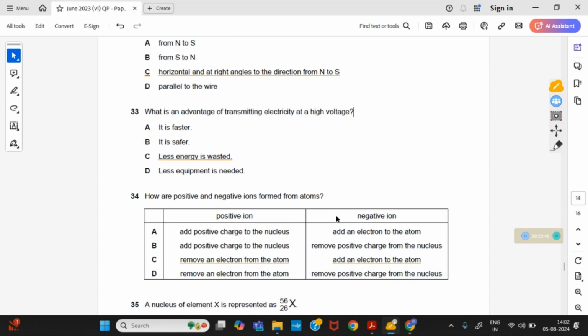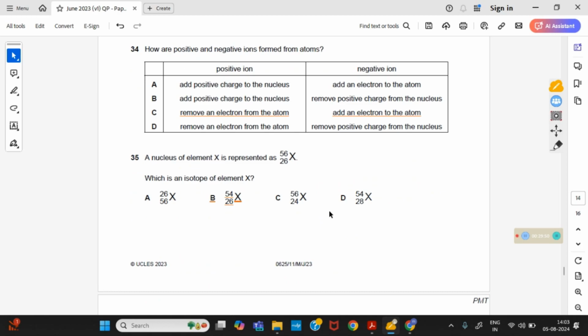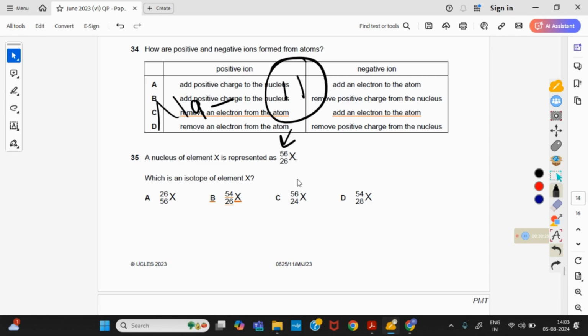How are positive and negative ions formed from atoms? Positive ions: remove an electron from the atom, and you get a positive ion. A negative ion: add an electron to the atom. Take sodium: its atomic number is 11, so its electronic configuration is 2, 8, 1.